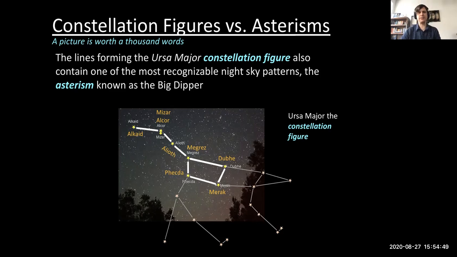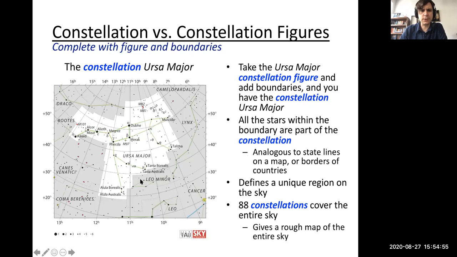Okay, so now we have our asterism, the Big Dipper, in the constellation figure Ursa Major. What we need to do is draw some boundaries around this. So draw our state borders on the sky. And we have this entire region of the sky that's highlighted in white is our constellation, which is containing the constellation figure Ursa Major.